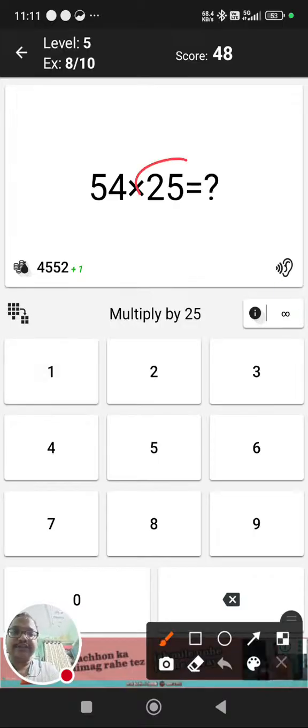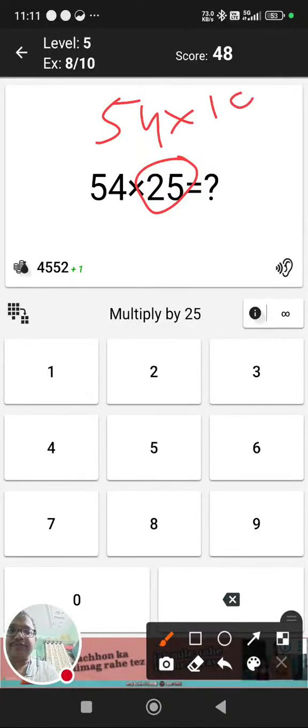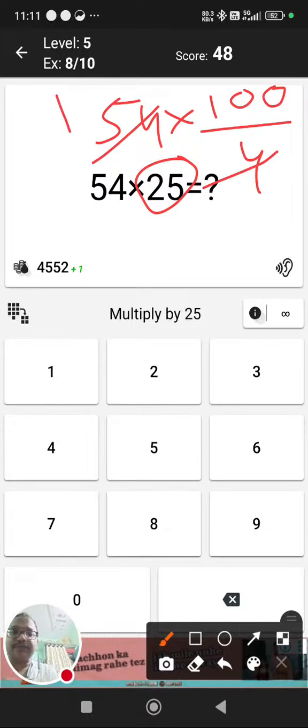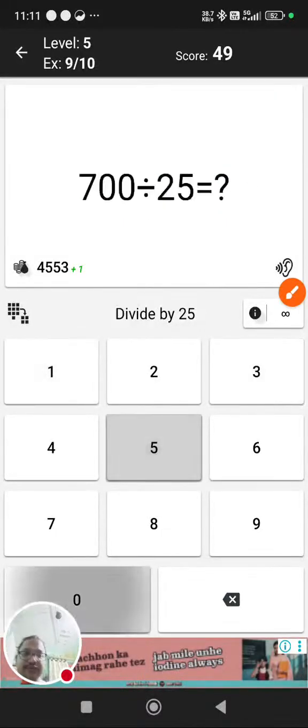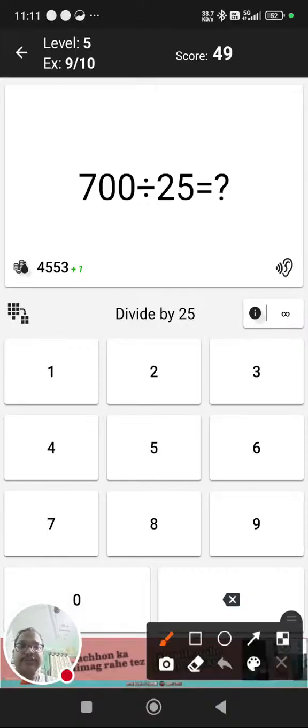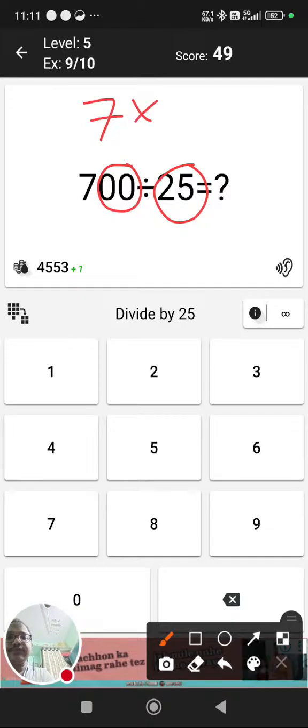Here I already said that instead of 25 you write 100 divided by 4. So 4, 1 times is 4, 3 times 12, 0.5 times. So what we get is 1350 is the answer. 1350. So in this case we see 00 divided by 25. So 100 divided by 25 will be 4. 7 4 times will be 28. So answer will be 28.